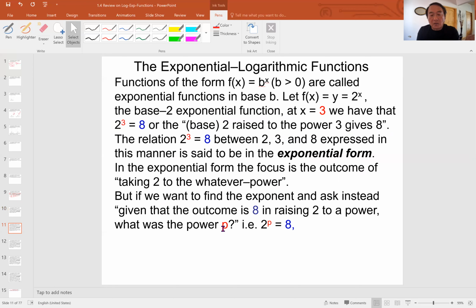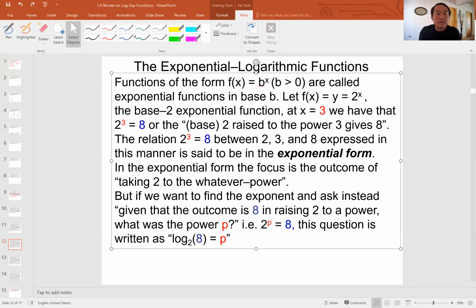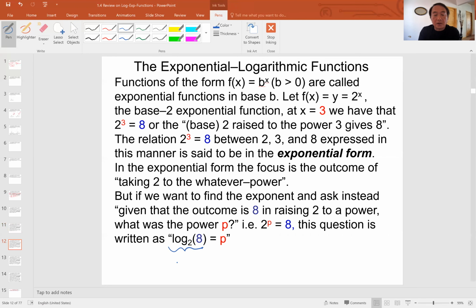So if the question is, what was the power you need to get to 8, we call that answer, the power, the log of 8. In other words, this question is the same as asking, what is the power needed to get 8, and the answer, of course, I know what it is, 3.